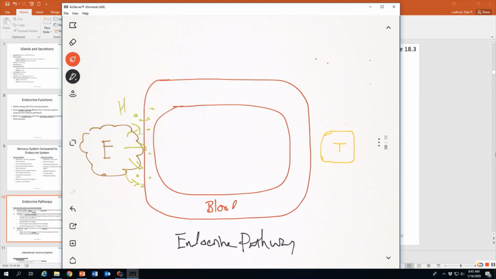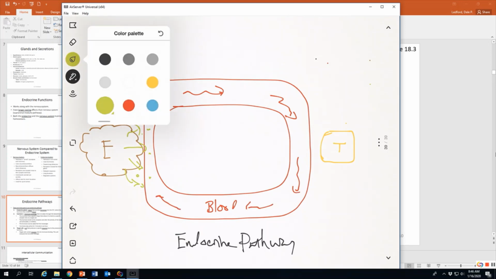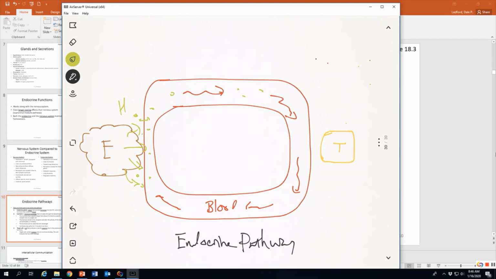The blood starts to flow, and it is carrying these hormones through the bloodstream to the target cell. And when it gets to that target cell, it can either stimulate or inhibit the activities of that target cell.